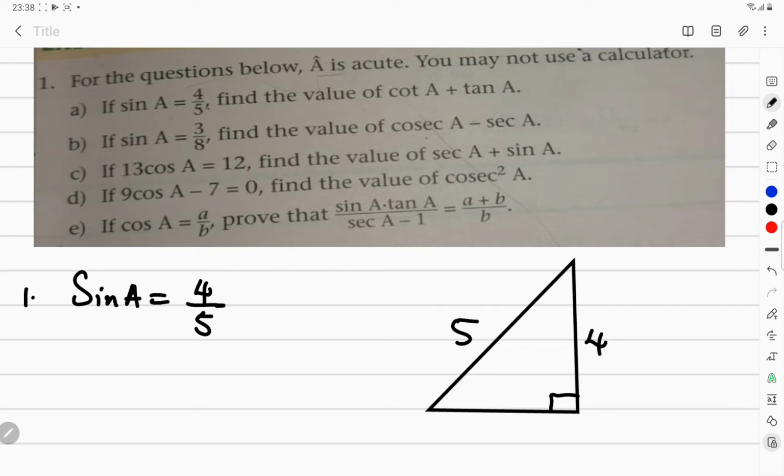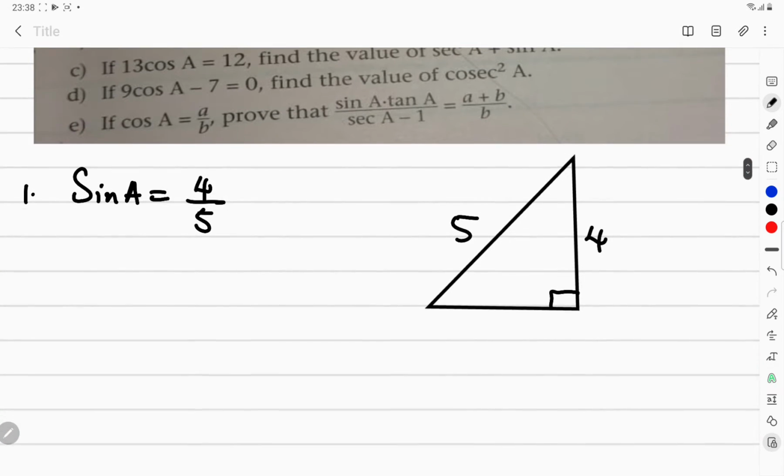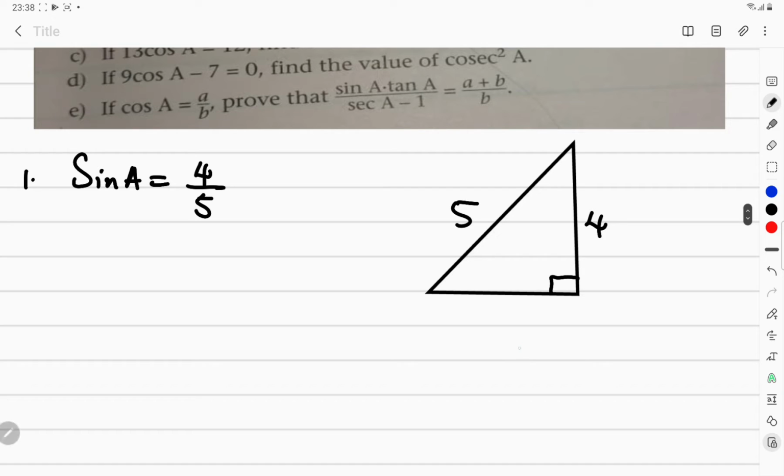Then we need to use Pythagoras to get the adjacent. Pythagoras is r squared equals x squared plus y squared. We substitute r, the hypotenuse, as 5 squared equals x squared plus y, which is 4 squared.